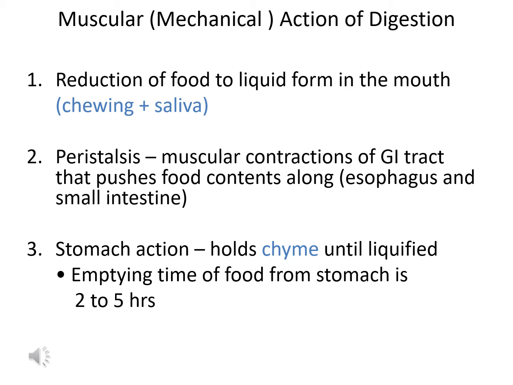The chyme, made up of obviously the different nutrients, can stay in the stomach anywhere from about 2 to 5 hours. And what determines the emptying time has to do with the proportion of the macronutrients, or the energy yielding nutrients. How much carbohydrate is present, how much fat is present, or how much protein is present.